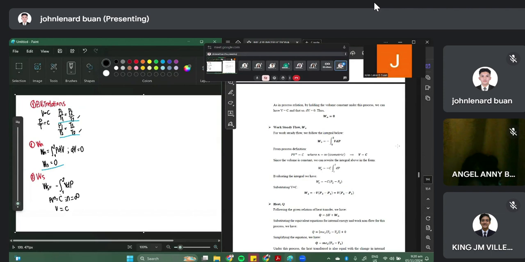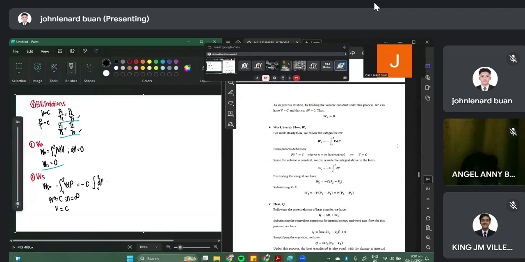So in that case, we're going to substitute the value of V, which is C muna. So it will give us negative, and we take out C since it's constant. So we take out the integral of dP from point 1 to 2.